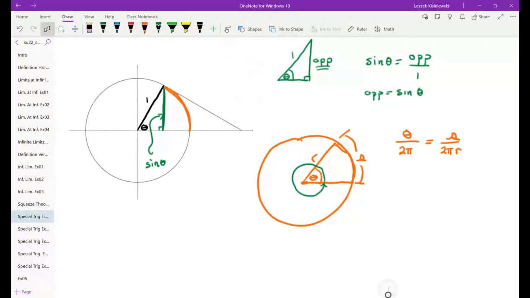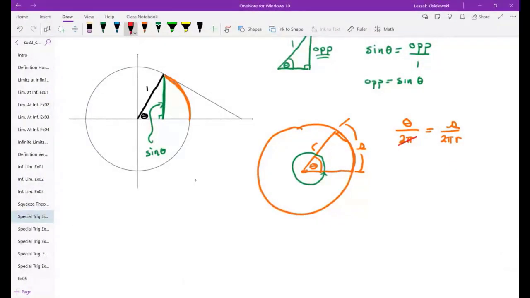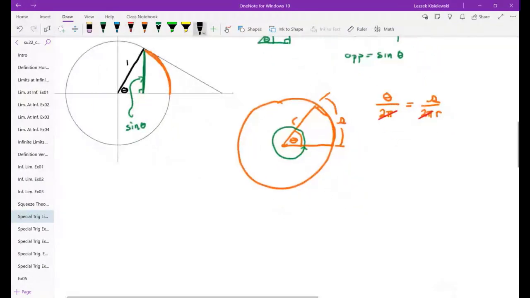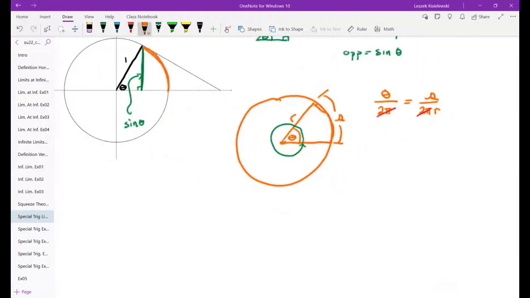And if you do the algebra, we see that the length is simply r times theta. So radius times the angle, and we just have to remember that this angle is measured in radians. You have to be in radians to relate lengths to angle measures.